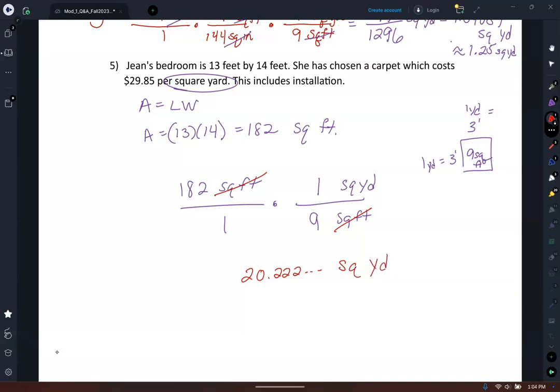Now in this one, it doesn't say really how to round, if you should round down or round up. I'm going to say, well, let's round to the nearest yard. I think this one has to go by that because even though typically you would round down, in this case, you got to make sure you have enough.